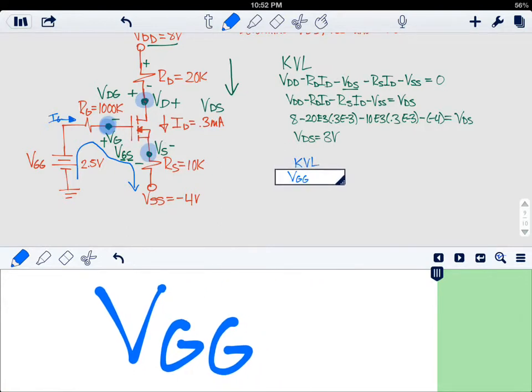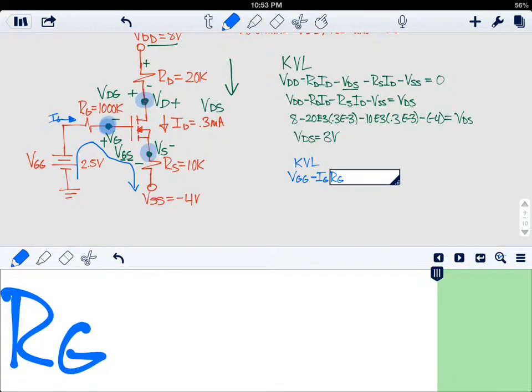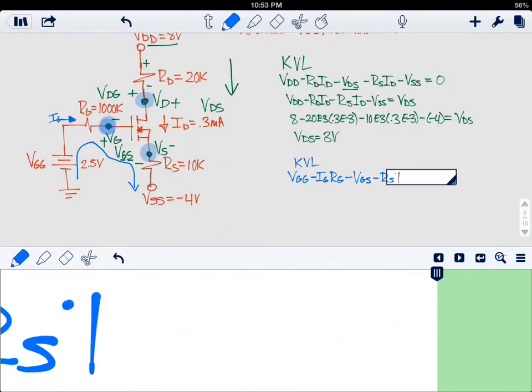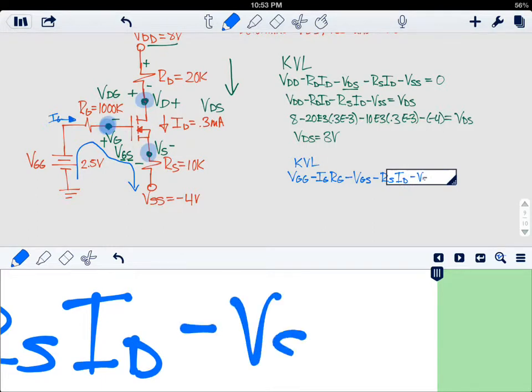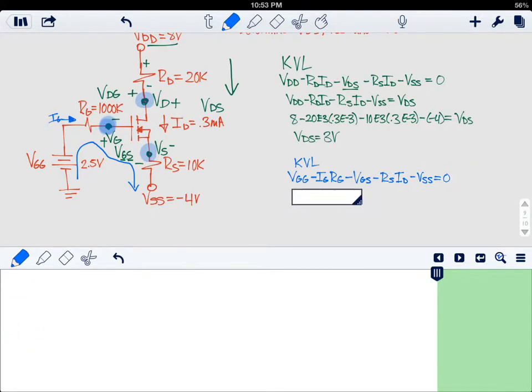Well, we can actually put it, and we could say negative IG times RG minus VGS minus RS ID minus VSS equals 0.